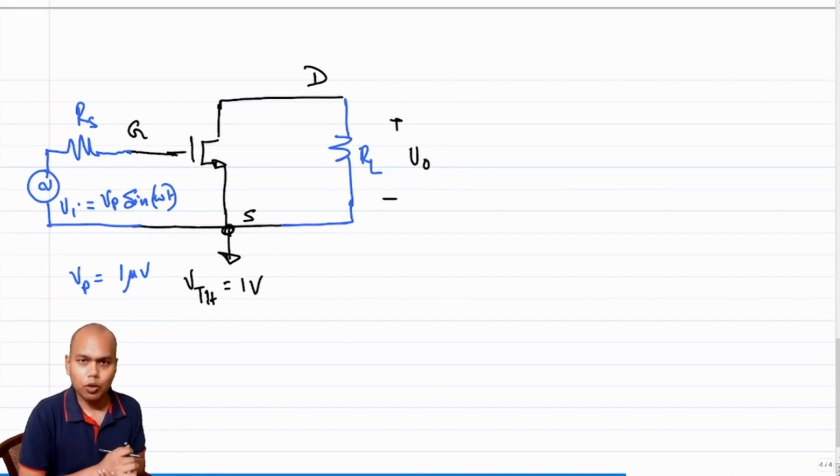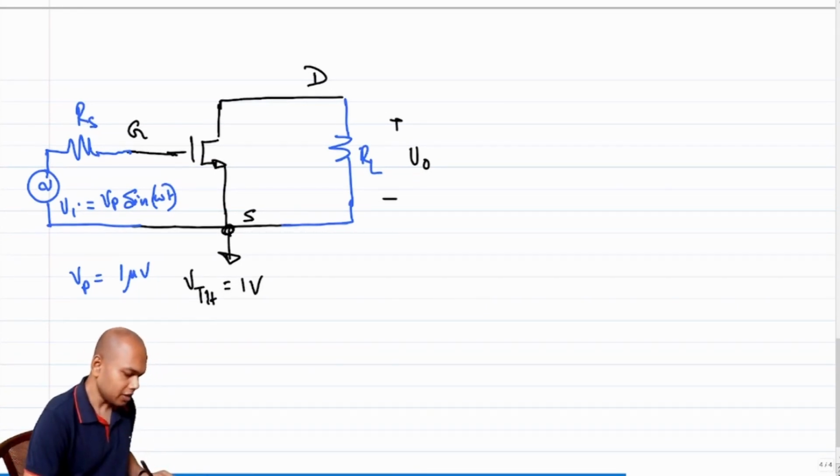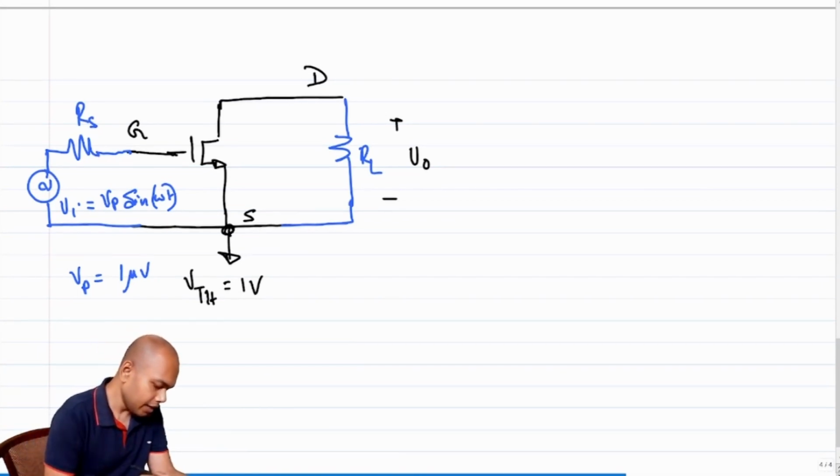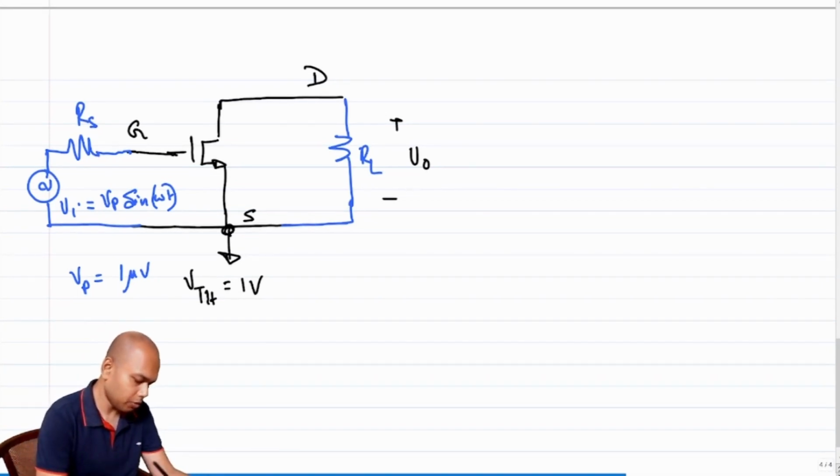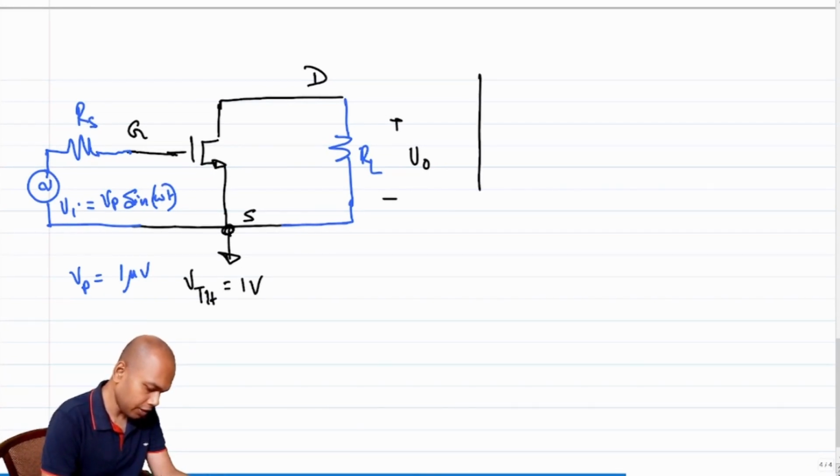Another way of looking at this problem is as follows. What are the current-voltage characteristics of a MOSFET? There are two characteristics of the MOSFET that we are familiar with.